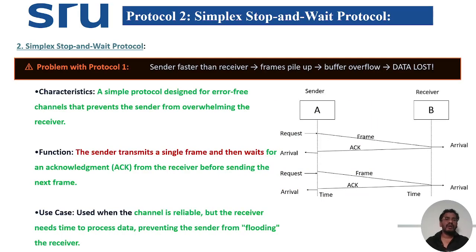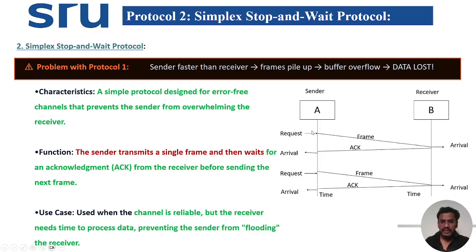Coming to protocol two, the simplex stop and wait protocol. Here we directly understand stop and wait protocols, which means the simplest protocol designed for error-free channels that prevents the sender from overwhelming the receiver.